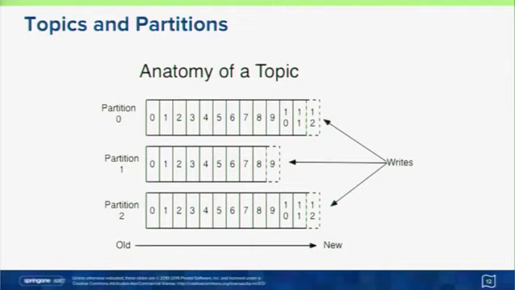And when you write to a partition, you're always appending to the end of the log, right? So every single write appends to the end of the log. And Kafka guarantees ordering within a partition, so every single write that a producer makes is guaranteed to be in sequence, as you wrote it, on a partition by partition basis.